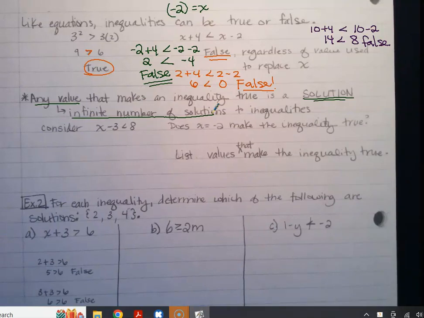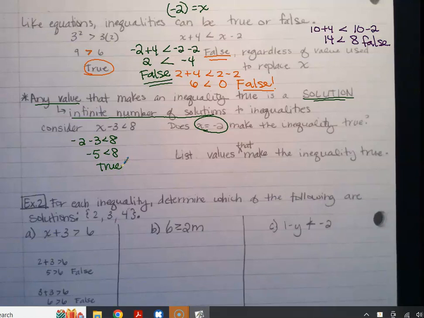So if we look at this example, consider x minus 3 is less than 8. Does x equals negative 2 make the inequality true? We would plug that in: negative 2 minus 3 is less than 8. Negative 2 minus 3 is negative 5, which is less than 8. So this is true.